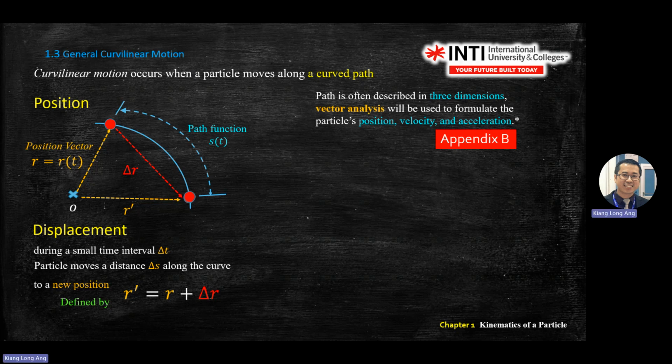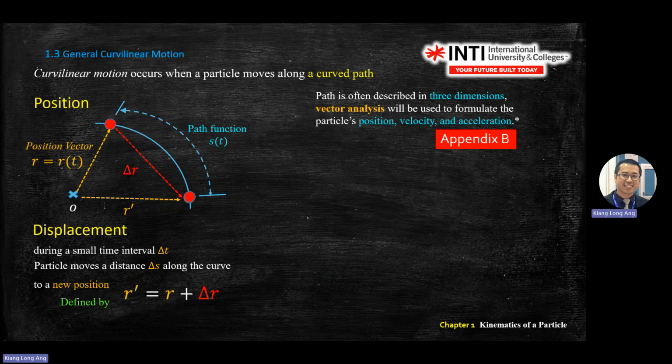You take the initial A, continue from the arrow here, draw B, then the resultant is from the starting to the end position. This is the resultant vector. So the resultant will be equal to A plus B vector.